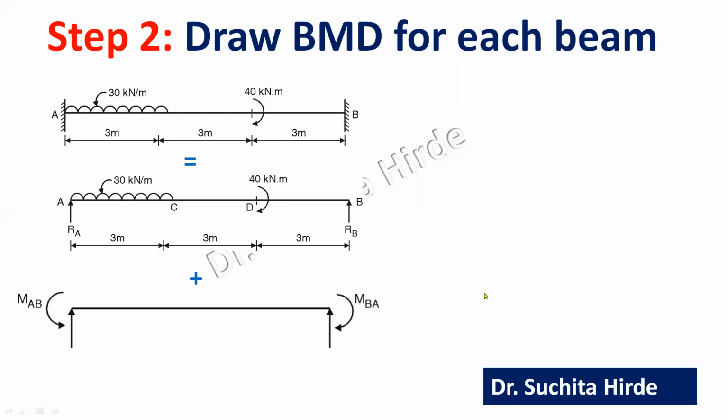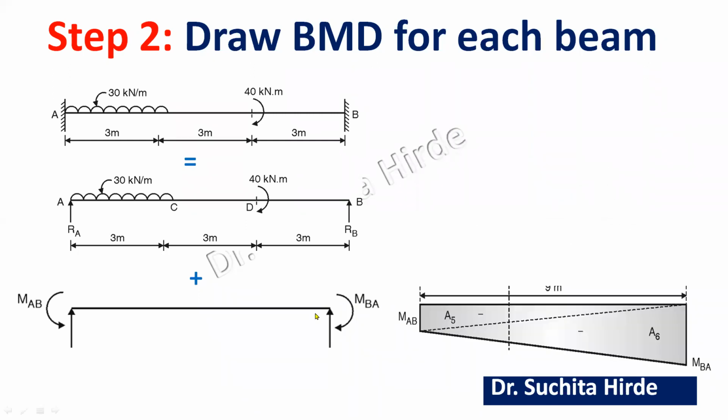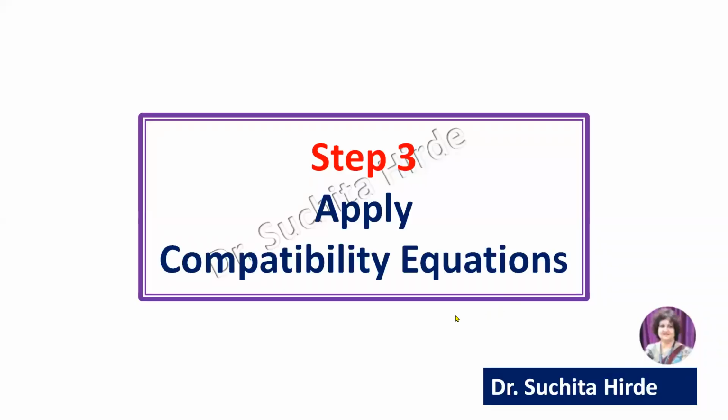So in step number 2, what we did was draw a bending moment diagram for the load and a bending moment diagram due to the fixed end moments. These are the unknowns in this problem, MAB and MBA. After drawing the bending moment diagrams, step number 3 is to apply compatibility equations.